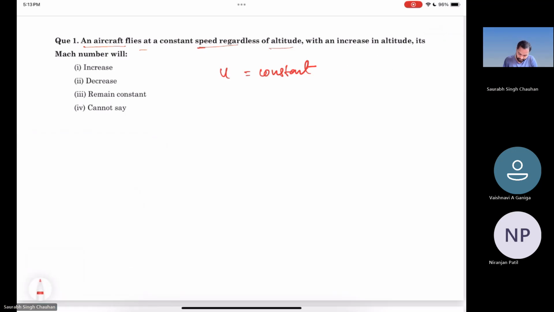Altitude is basically height from the sea level.